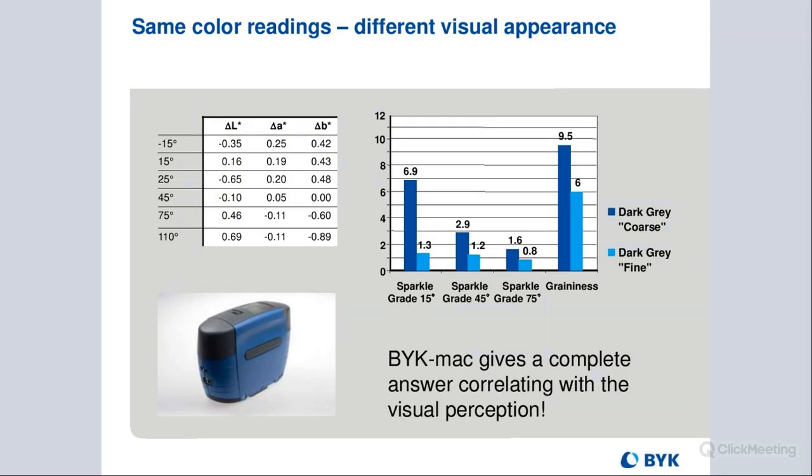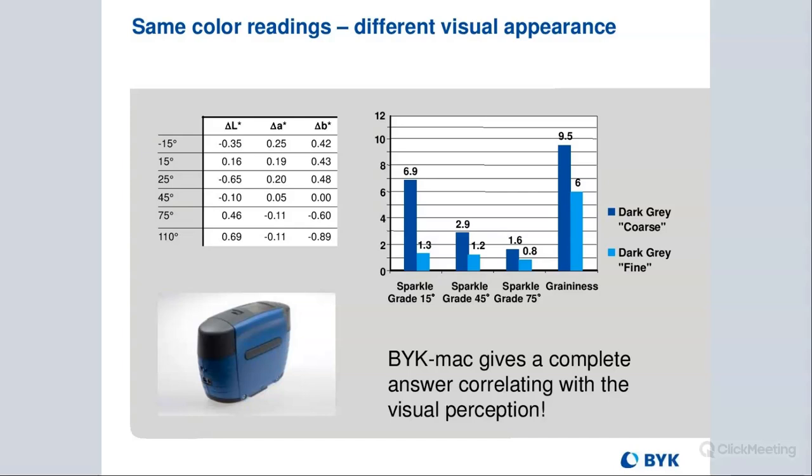So when we talk about what we can see, which is what we always talk about at BYK-Gardner, here the color looks very similar, and we would pass that for color. But if we look at the sparkle on all the angles and the graininess, there's a definite difference between this dark gray coarse and this dark gray fine. So for sparkle and graininess, we can see about a 0.5 difference in sparkle and graininess numbers.